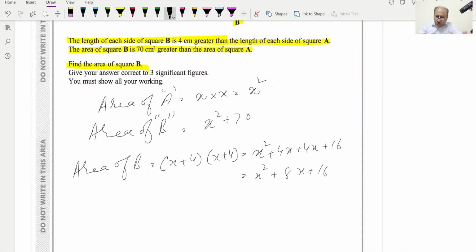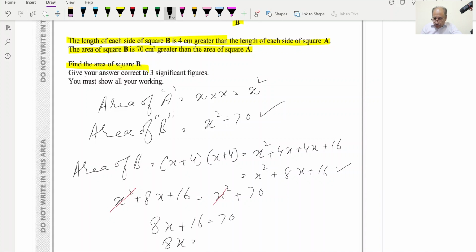We can equate them: x squared plus 8x plus 16 is equal to x squared plus 70, and x squared we can cancel from both sides, and we'll get 8x plus 16 is equal to 70.